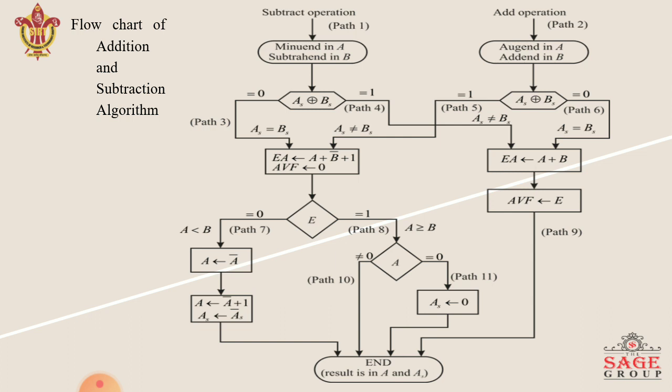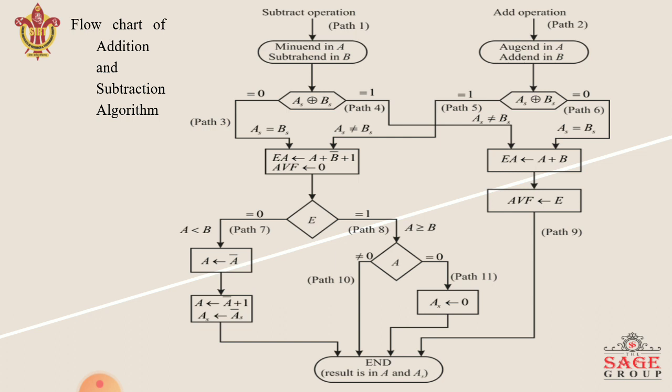There are two parts, one part for the subtraction algorithm and another part for the addition algorithm. In both algorithms we follow the same flow chart. That's why we cover both the algorithms in one flow chart.